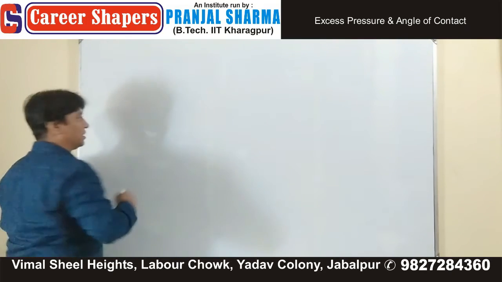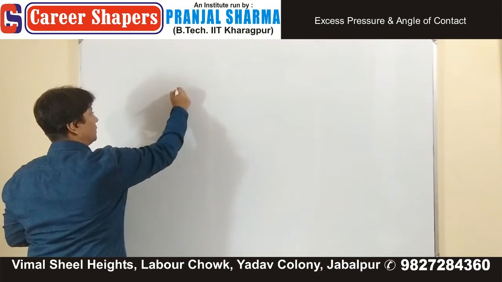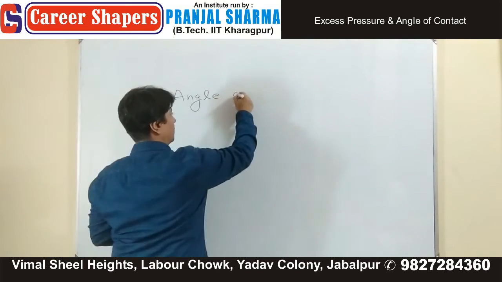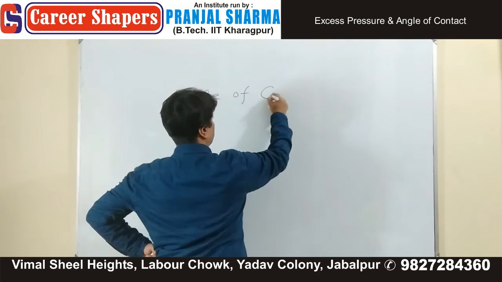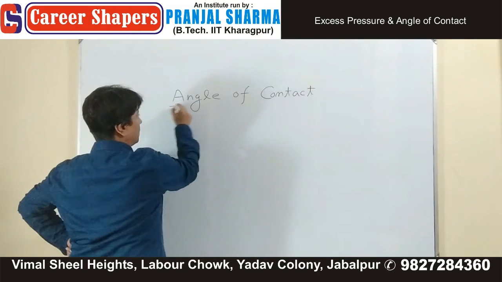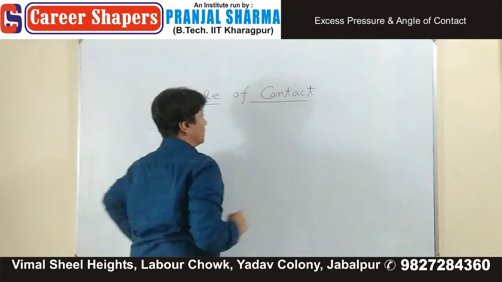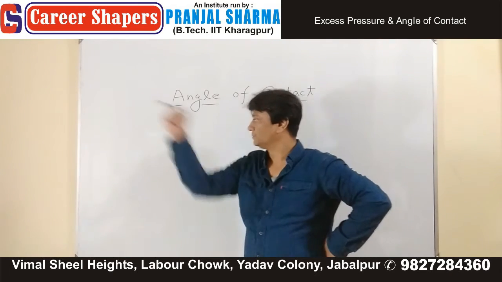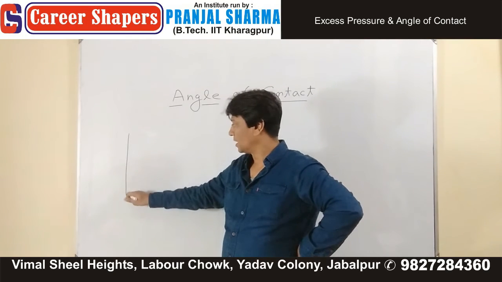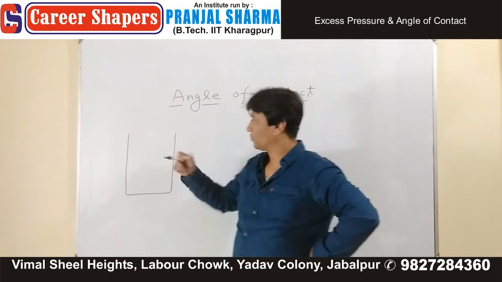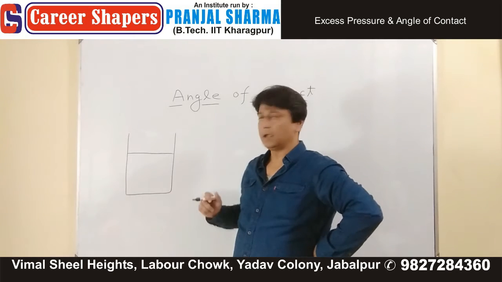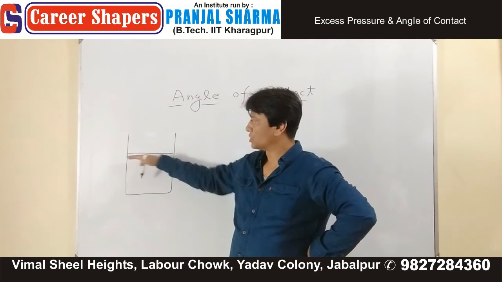Now write down angle of contact. What is the angle of contact? आपने इस तरह की चीज देखी होगी that in a glass, if you have water, then top surface is not like this.